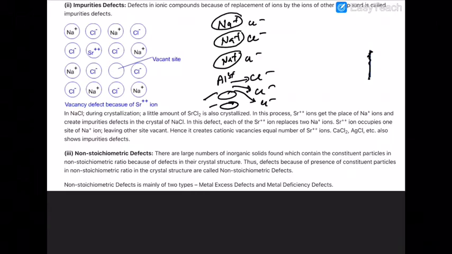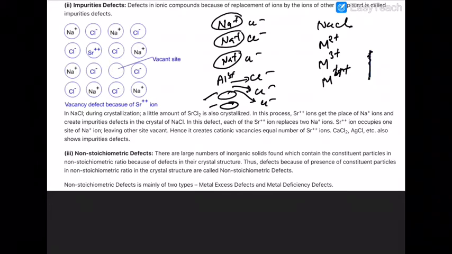So if you add to NaCl a metal ion having valency 2+, it will create a cationic vacancy of 1. If you add a metal of valency 3, it will create 2 cationic vacancies. If you add a metal having oxidation number +4, then you will have 3 cationic vacancies.